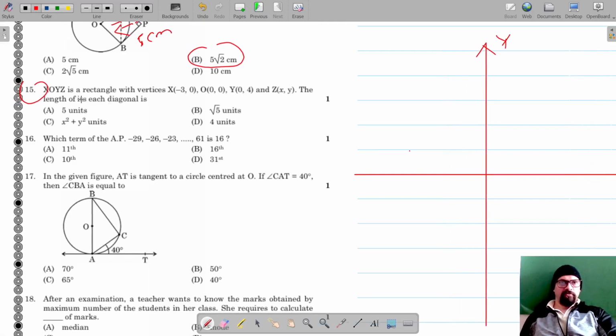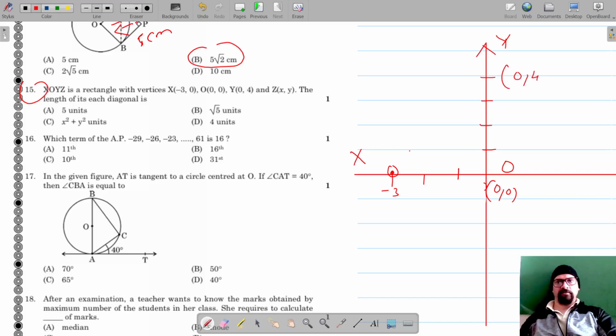Now XOYZ is a rectangle with vertices X at minus 3 comma 0. So let's say this is minus 1, minus 2, and minus 3. So this vertex is minus 3 comma 0, and this is X. And O is at the origin, this is O, and Y is 0 comma 4. So this is 1, 2, 3, and 4.